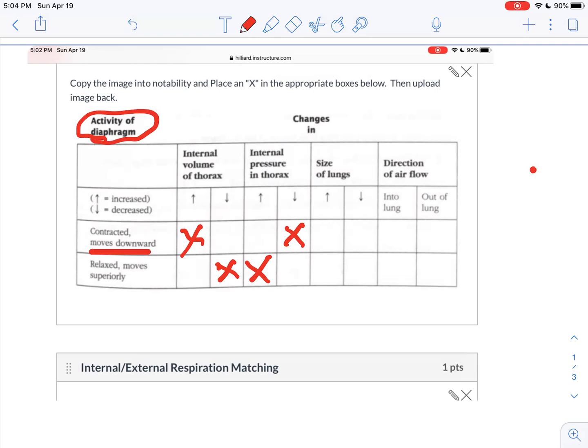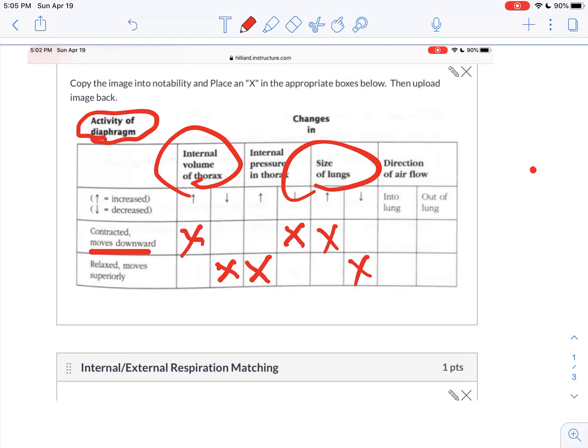Size of lungs, that's going to change. The size of the lungs and the volume of the thorax are going to be the same. So when the diaphragm contracts and the volume of the thorax increases, lungs will increase as well, and then just the opposite for when it's relaxed.